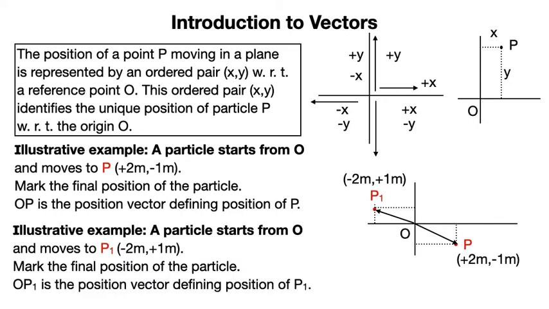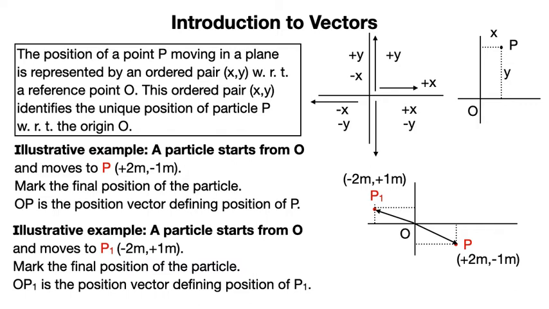OP1 is the position vector which defines the position of P1. OP1 is the position vector of P1, OP is the position vector of P. So with the help of the ordered pair (x, y), we are able to precisely locate the final position. So this is the position vector of the point P.